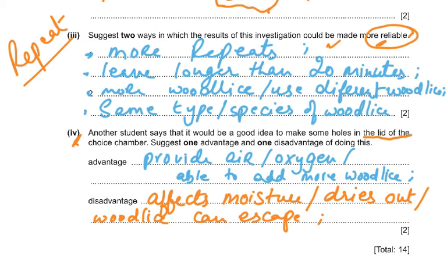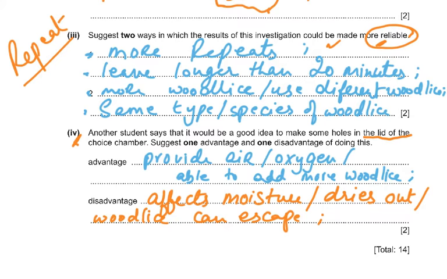Then the disadvantage: it affects moisture, because if there is wind coming in, or a fan blowing in the room, then of course it could dry it out. So that damp place could have become dried out, and they would move away from it after 5 or 10 minutes. Or the wood lice can escape.